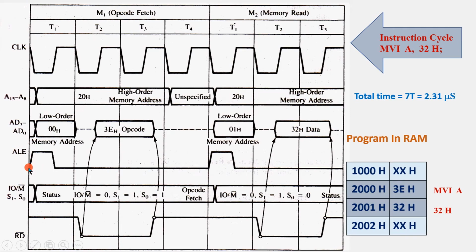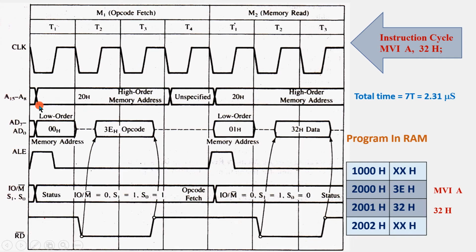See that again, during the first T1, ALE goes high, that latches the low order address, and after T1 the RD bar goes low because the microprocessor has to read the content of the memory location, right?